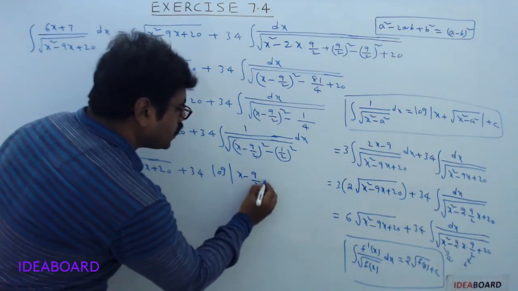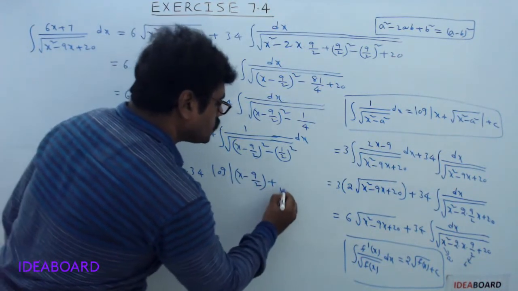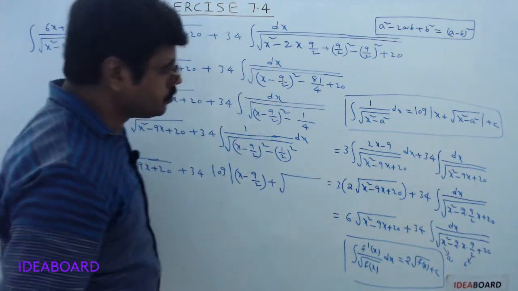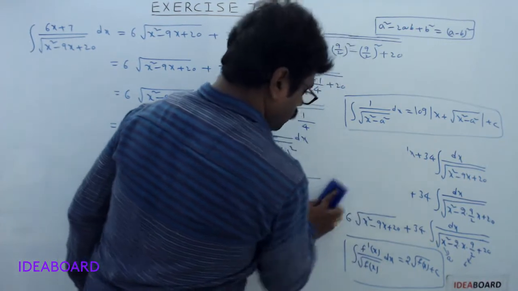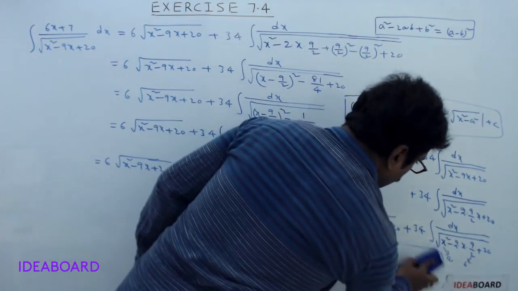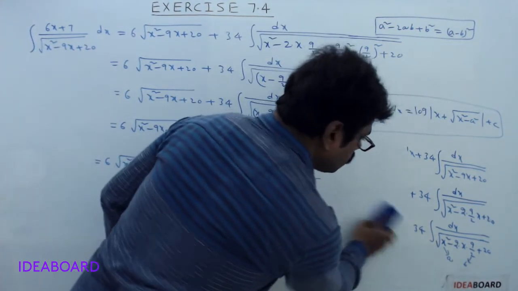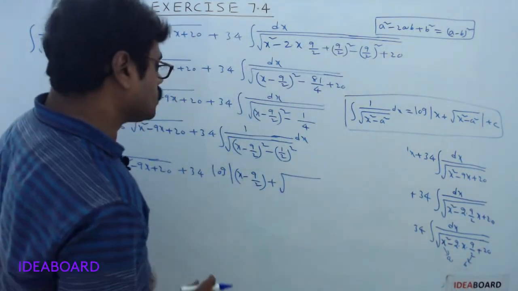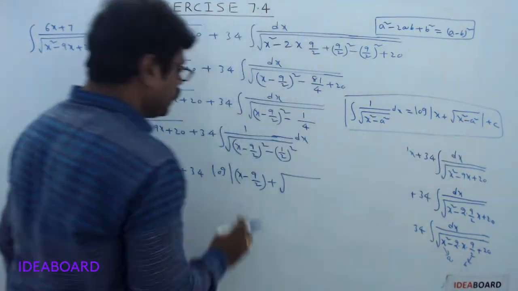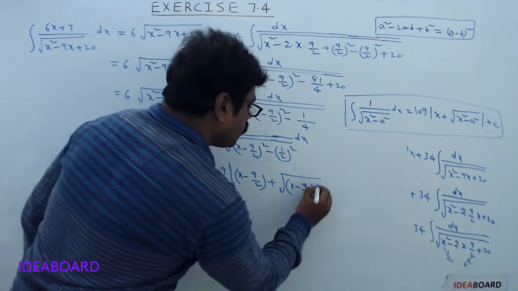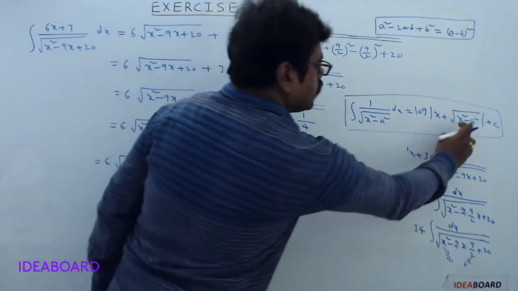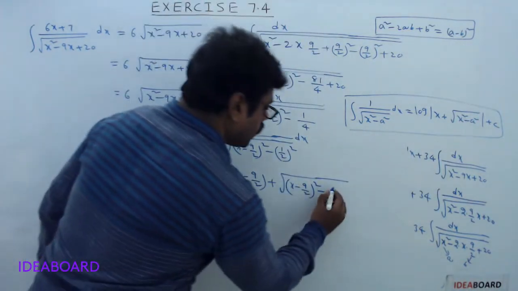So x minus 9 by 2 plus square root of x square. X square is x minus 9 by 2 whole square minus a square. A value is 1 by 2.